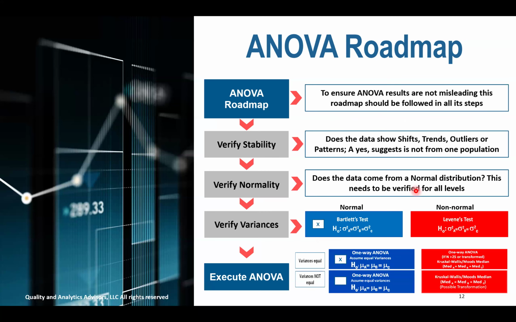When it comes to ANOVA, there is a roadmap that typically is followed. I mentioned at the very beginning that for this video, I'm going to consider the particular case where the variances are equal. But I do recommend that you follow this roadmap when executing ANOVA.